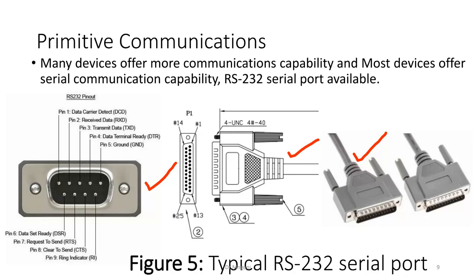Now, these resources help us to solve some issues when it comes to communication. Many devices offer more communication capabilities, like I said. For example, sometimes we need to upload or download the program into the device, or into the PLC.